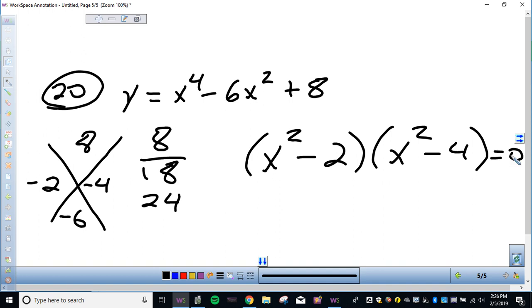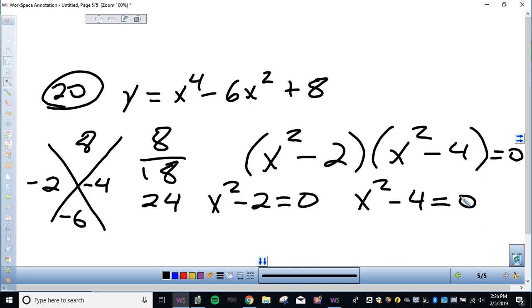Okay, so x squared minus 2 equals 0. Solve for x. X squared minus 4 equals 0. Solve for x. So add 2, add 4.